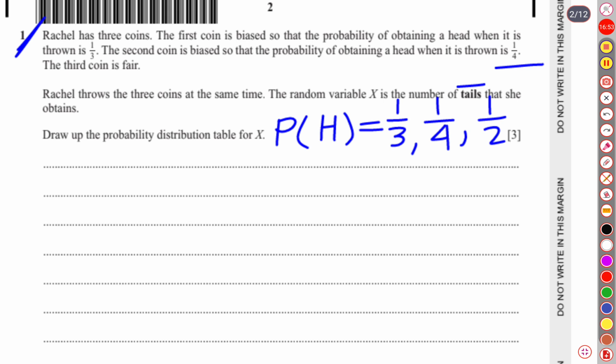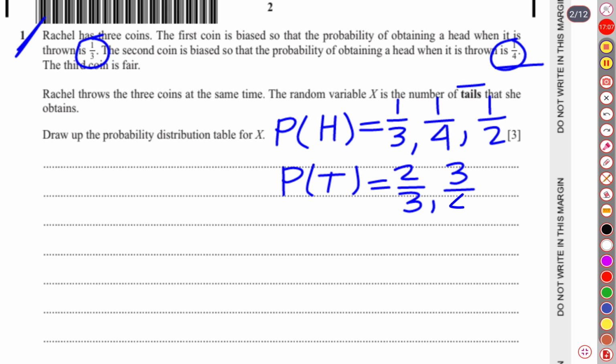Okay, 1/3, 1/4, and half. Then for obtaining a tail individually, it is 2/3 for the first coin, 3/4 for the second coin, and since the third one is fair, it is half.